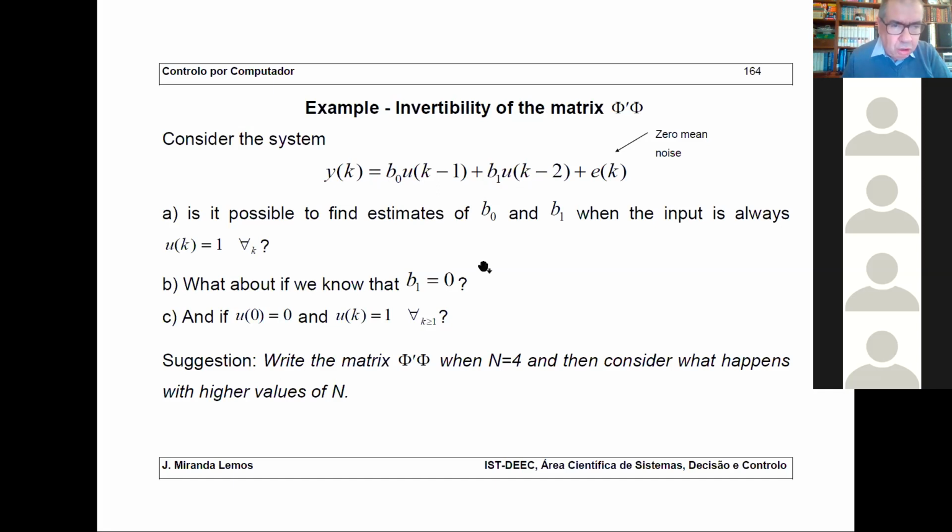You do a lot of observations of y and u. Is it possible, if u is constant, to estimate b0 and b1? What do you think? Suppose that u is always 1, always.